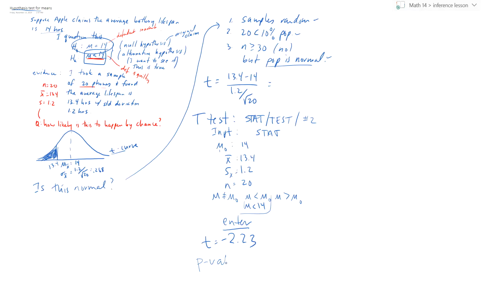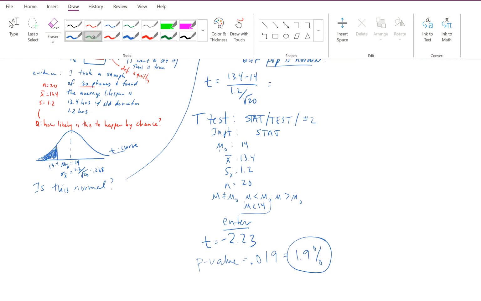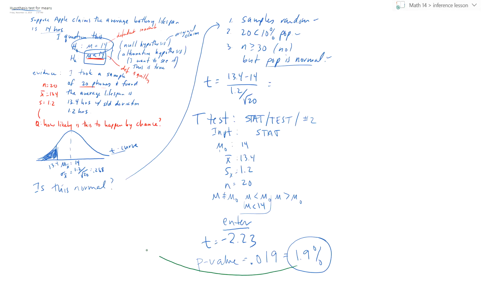And the p-value is 0.019, or 1.9%. So what is that 1.9% exactly? That 1.9% is that area right there. Okay?